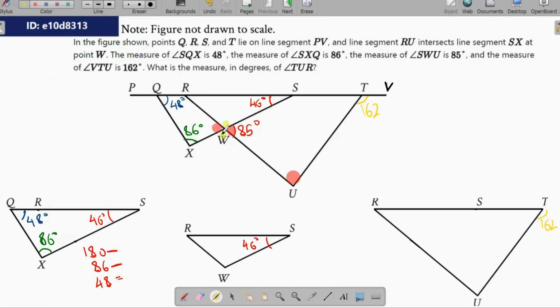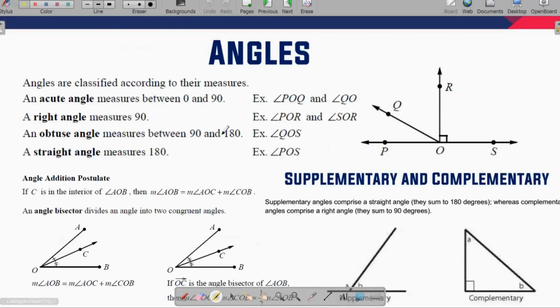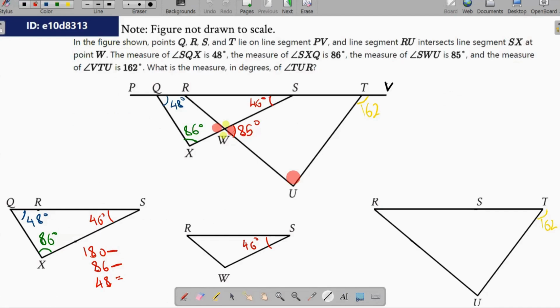And now we can also use another rule, the property of supplementary angles, which says that whenever two angles sum to 180, we call them supplementary. Here we know that the angle in red, 85, plus this angle in yellow must be 180.